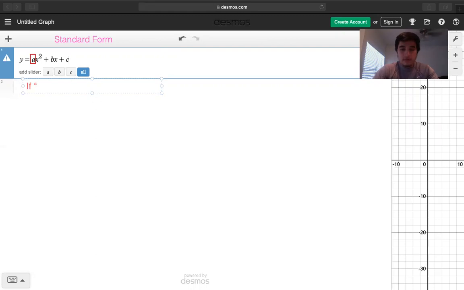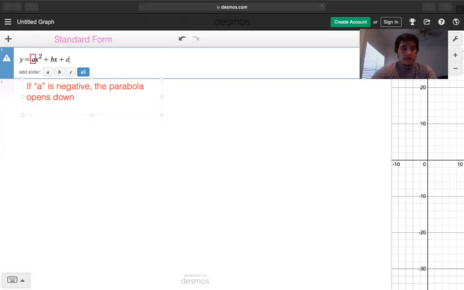If A is negative, that means the parabola opens down, right? And that's just like it was with vertex form and with intercept form. If the A, the number in front, is negative, it opens down. We have an upside down U, right?